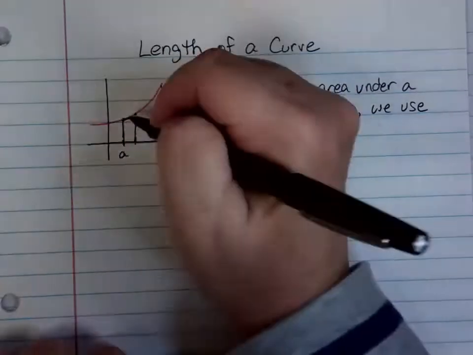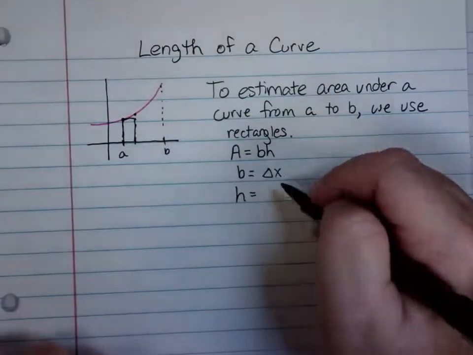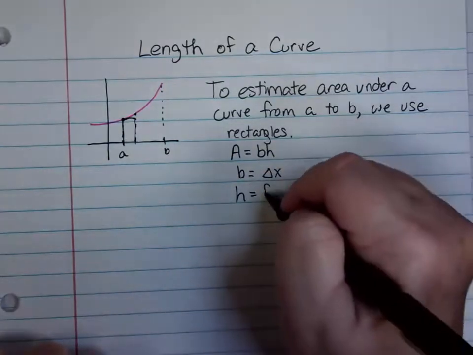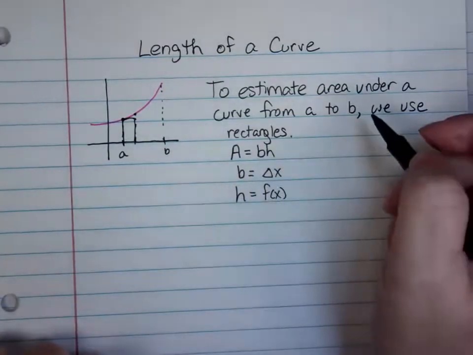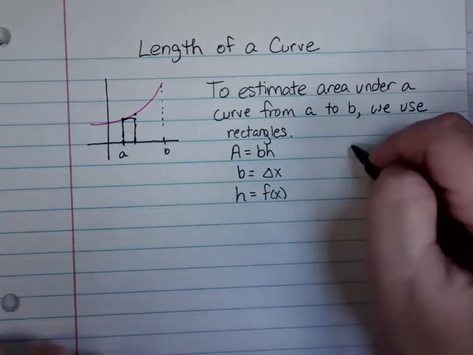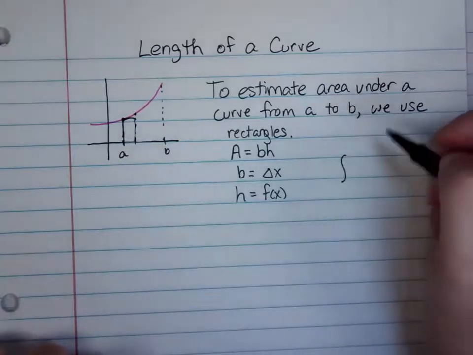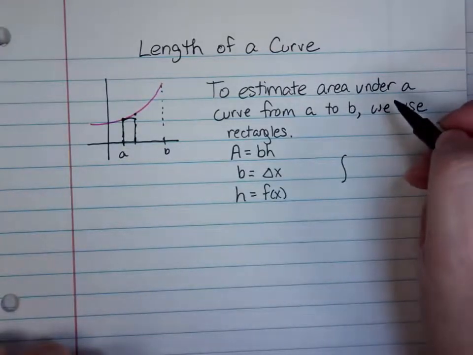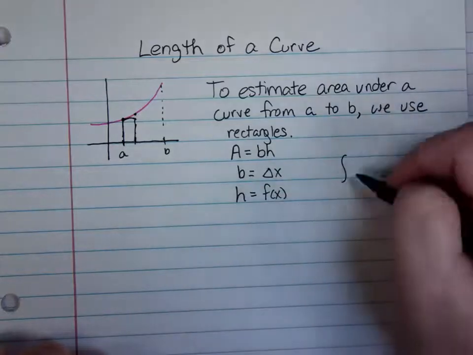Now the height of the rectangle is Y, which is f of x, right? So then we took that information and it became an integral when we added them all up, because remember, an integral is just a way to accumulate things. It adds up all the rectangles.